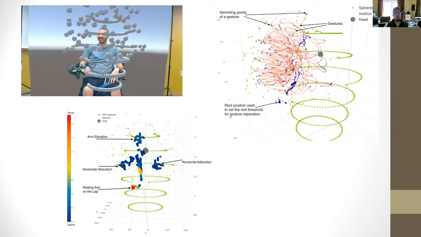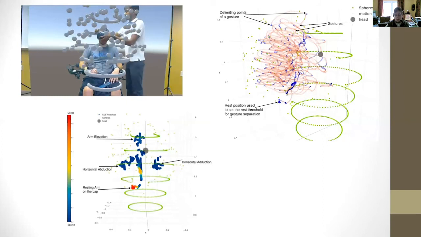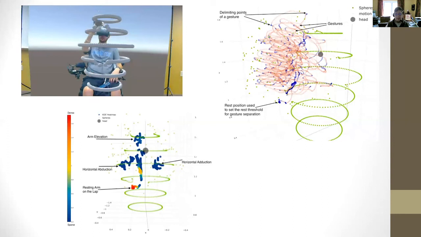The challenge we were trying to overcome is how to discriminate intentional from non intentional movements, or the Midas touch problem. With speech recognition programs and gesture recognition programs, you usually have some type of a cue. For Siri, it's "Hey Siri." Then it recognizes what you're going to say next, or you say Alexa to get its attention.